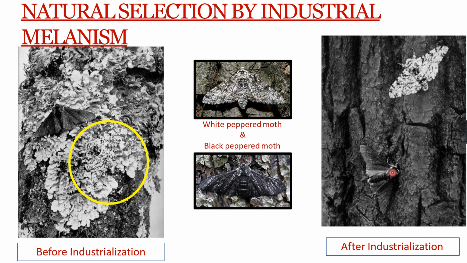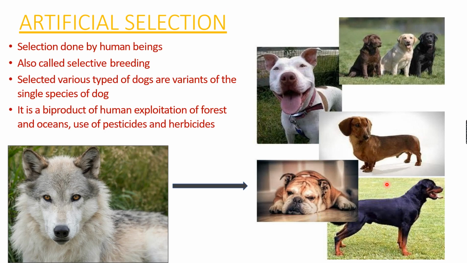Why? To escape from the predator. There are a number of white moths also, but they are very few. But the number of black moths is more after industrialization because the black color moths are selected by the nature, and this is called industrial melanism. Natural selection by industrial melanism.